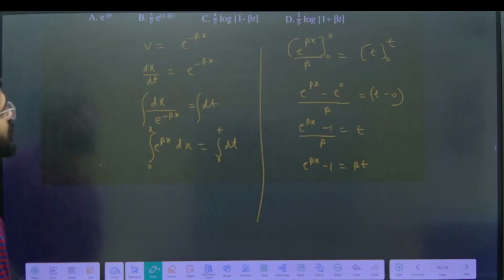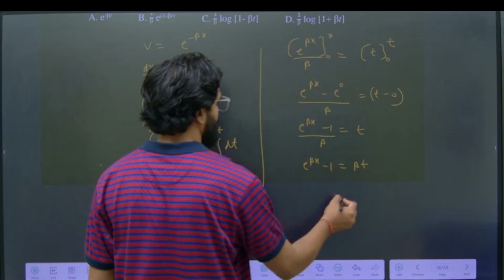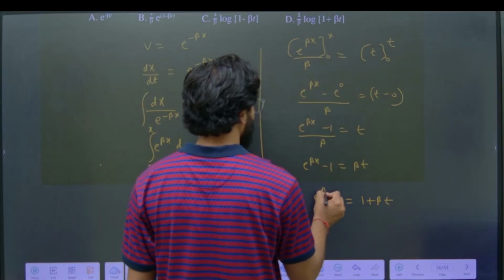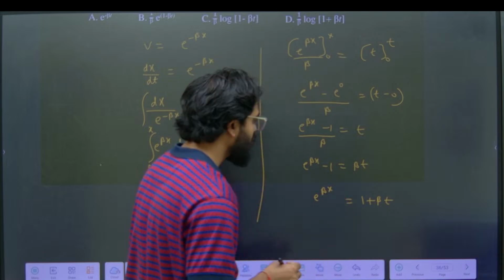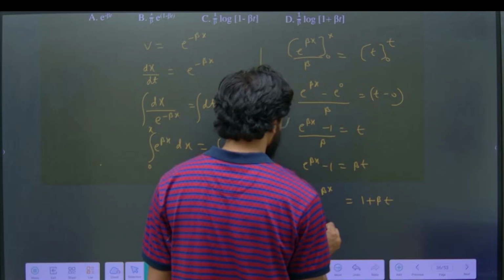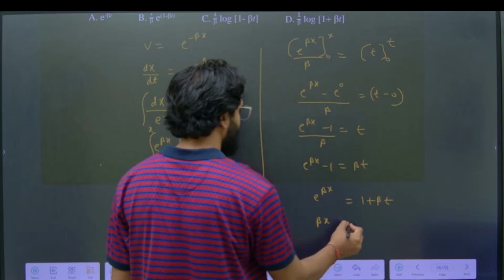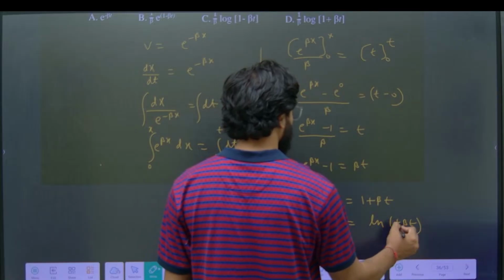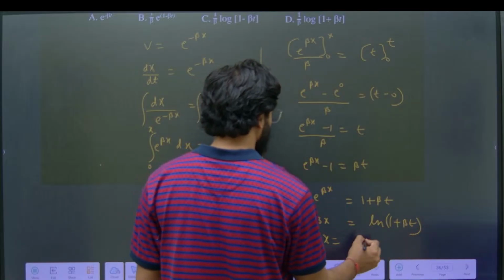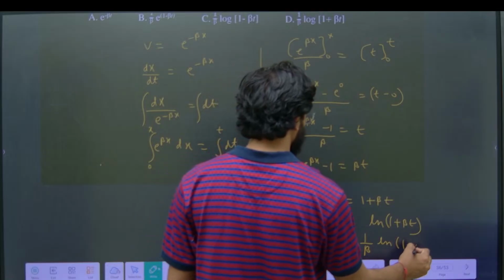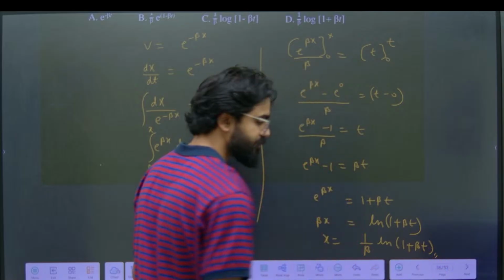After that, 1 plus beta t equals e to the power beta x. Taking ln on both sides, beta x equals ln of 1 plus beta t. So x will be 1 upon beta ln of 1 plus beta t. Correct?